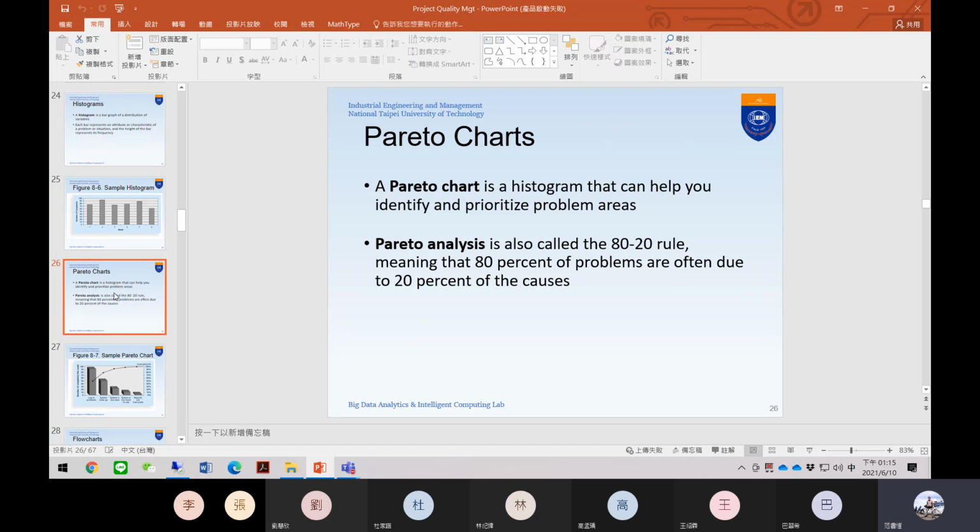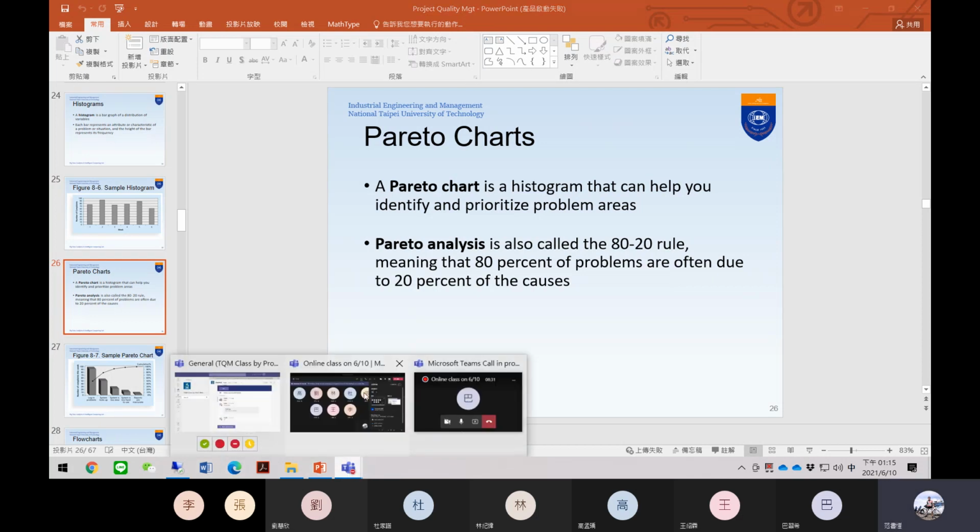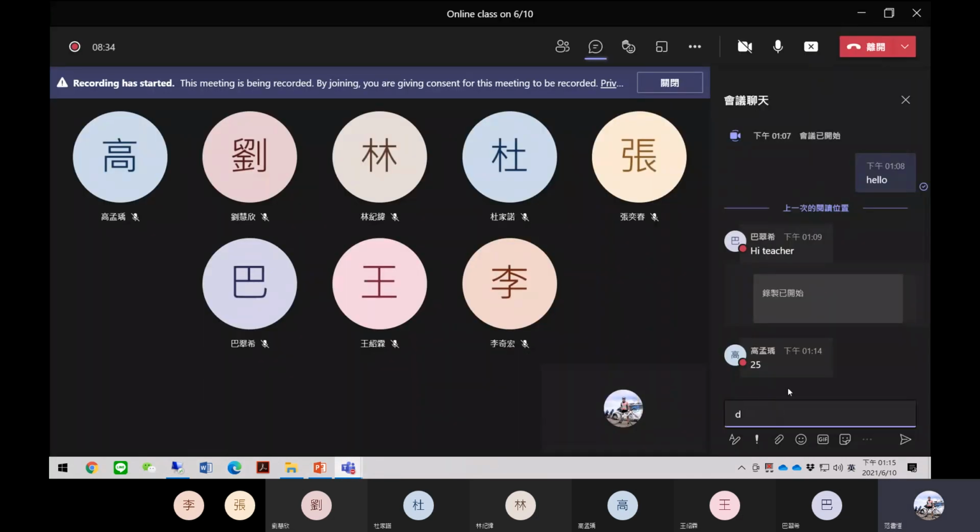In manufacturing practice, we prefer the Pareto for identifying defect types, not those classifications.